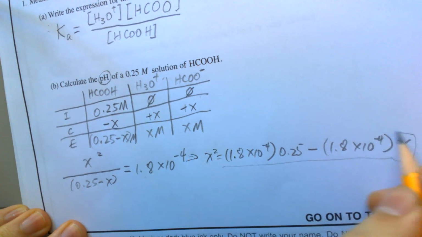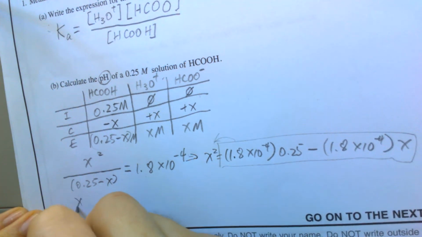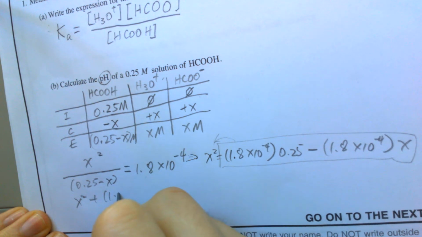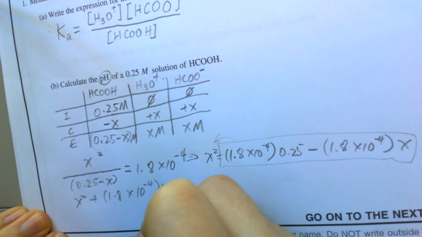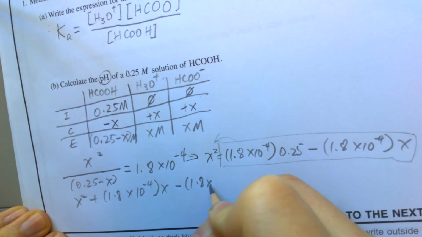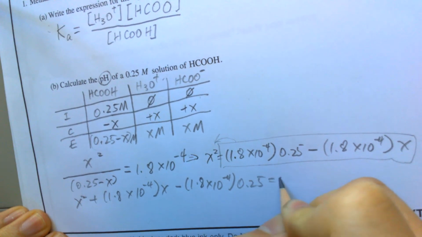We move this to the left side. So the equation becomes x squared plus 1.8 times 10 to the negative fourth power x minus 1.8 times 10 to the negative fourth power times 0.25 equals 0.